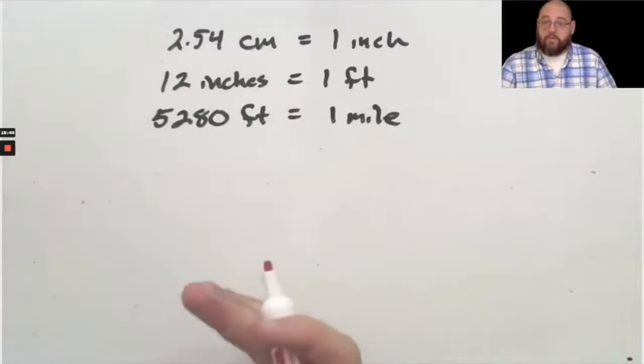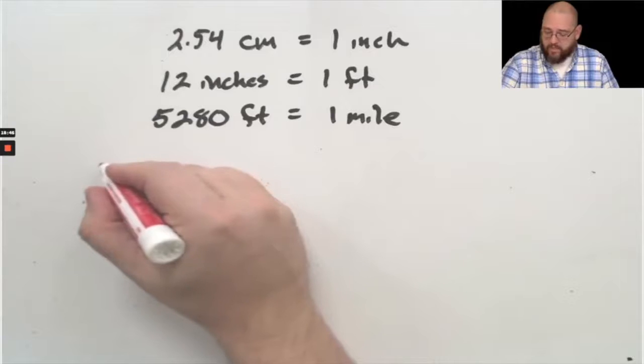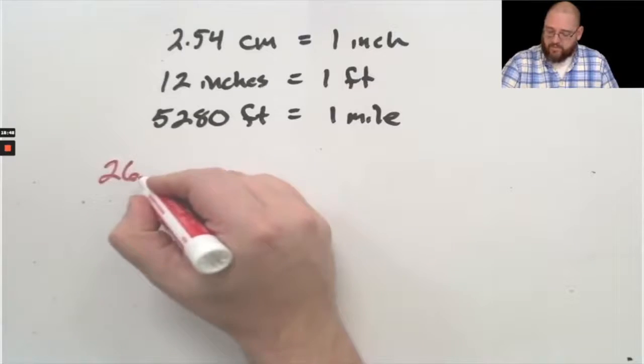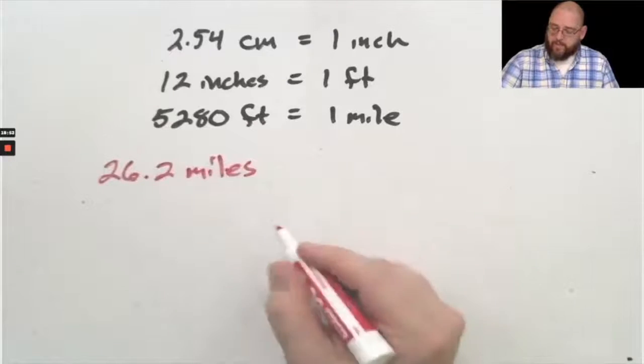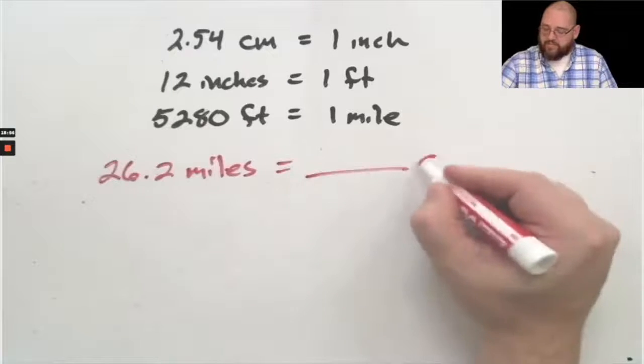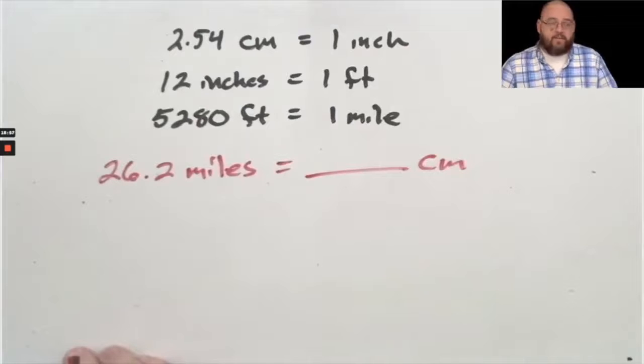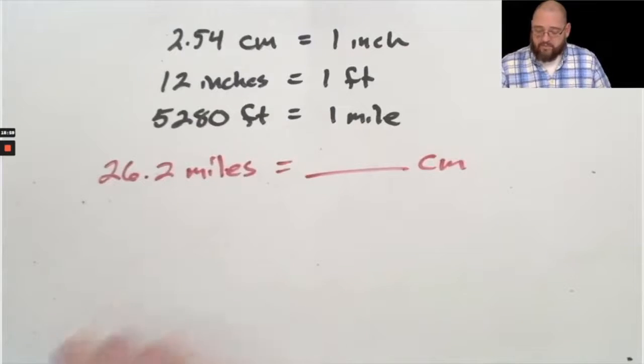So let's say I'm going to run a marathon. We're going to go 26.2 miles. And I want to know, how many centimeters is that? It's going to be a lot. But how many centimeters is that?